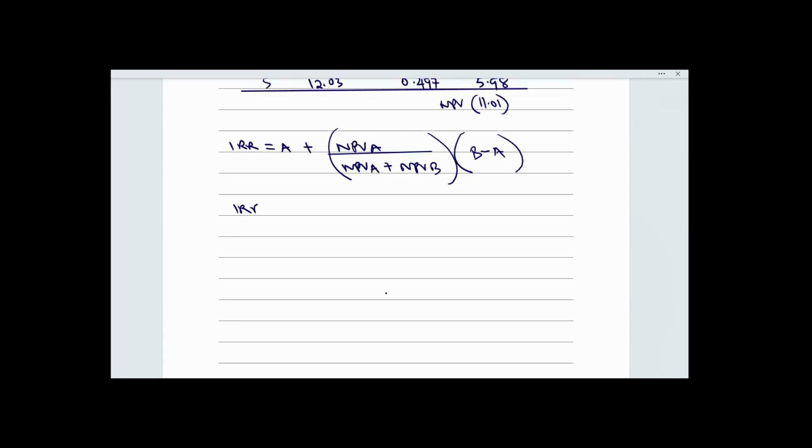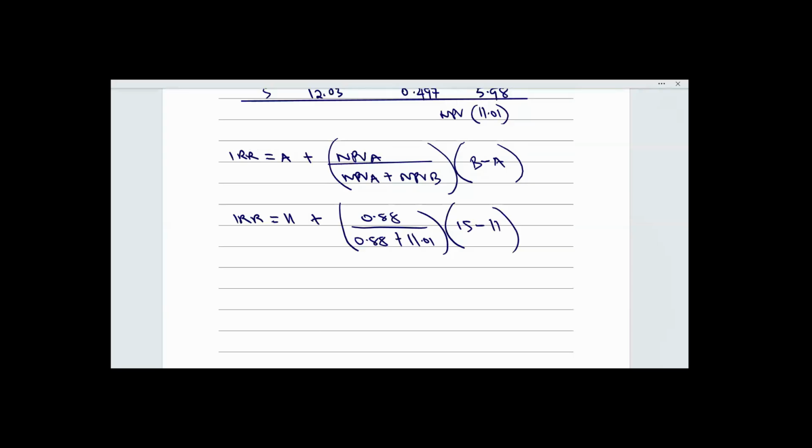So IRR will be equal to, we assumed 11% and 15%. 11% is lower, plus NPV of the 11%, 0.88, over 0.88 plus NPV of the higher, 11.01, times higher discount rate of 15 minus lower discount rate of 11.